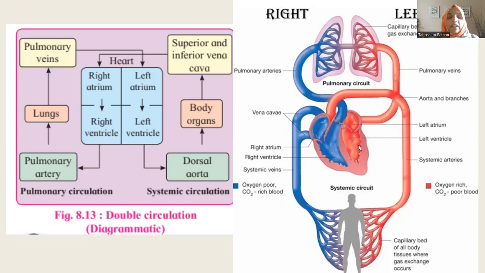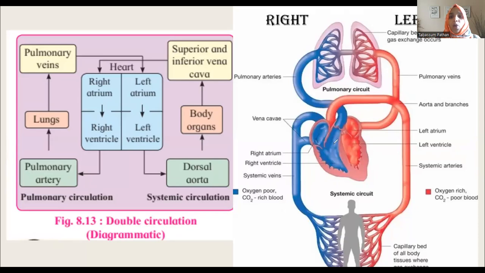Now what happens over here? The heart will pump the deoxygenated blood that is coming from the rest of the body and give it to the lungs. As you can see, the heart will give the blue ones to the lung. So it is collecting the blood which is rich in carbon dioxide and devoid of oxygen, and it will give it to the lungs.